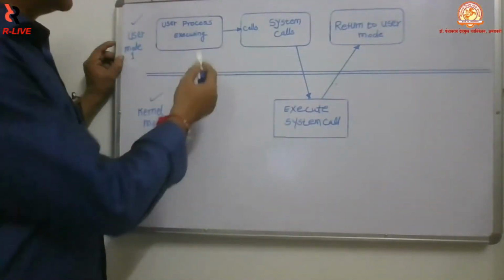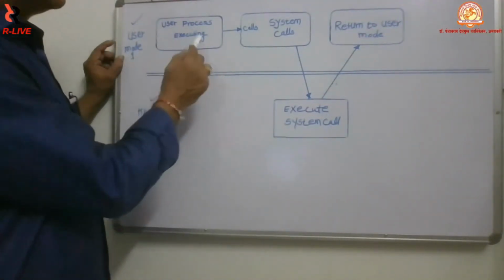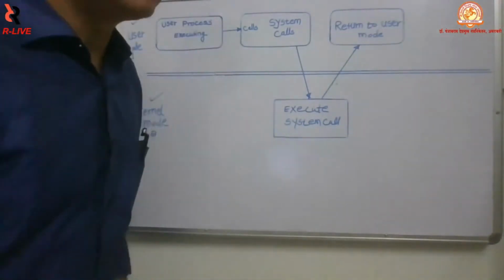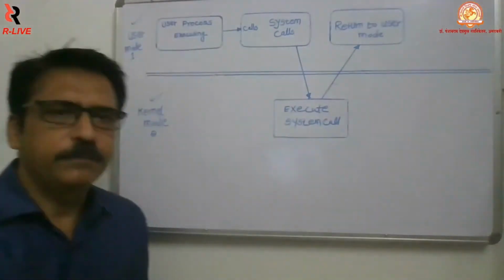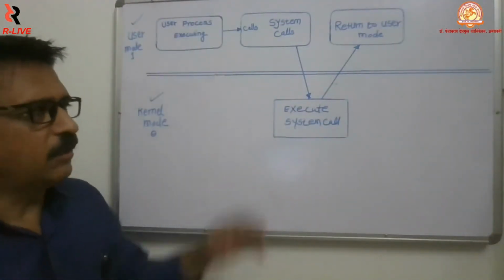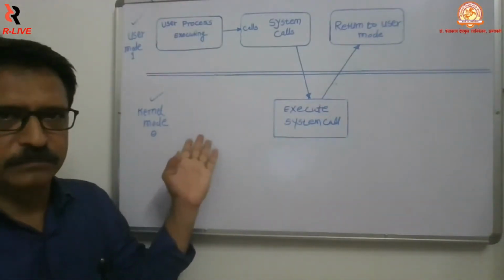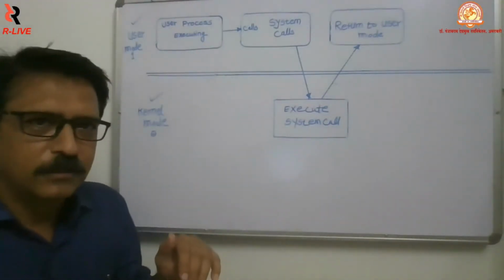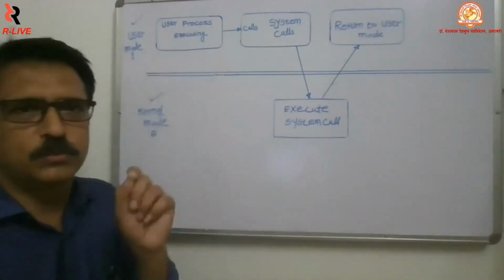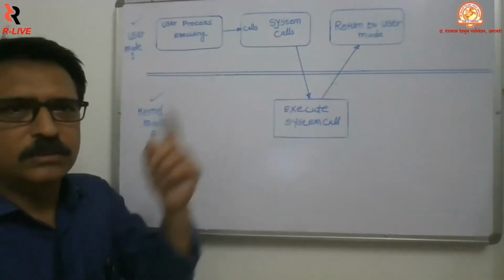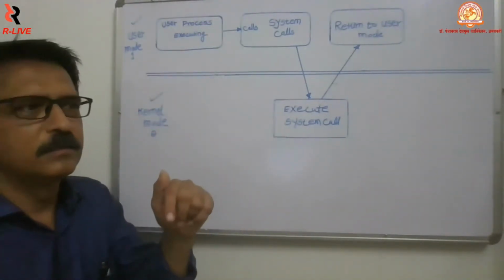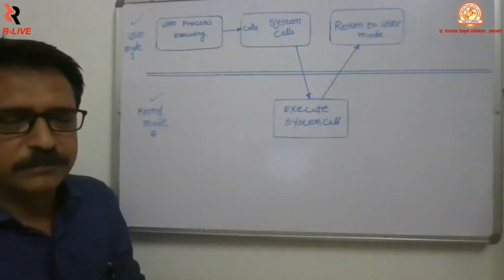Privileged functions are a special type of functions that can be executed in kernel mode. For example, when a user is working on a program, 2 plus 2 is equal to 4, it does not require any kernel intervention. But when the user wants to print the result onto the monitor, the user uses a printf statement.